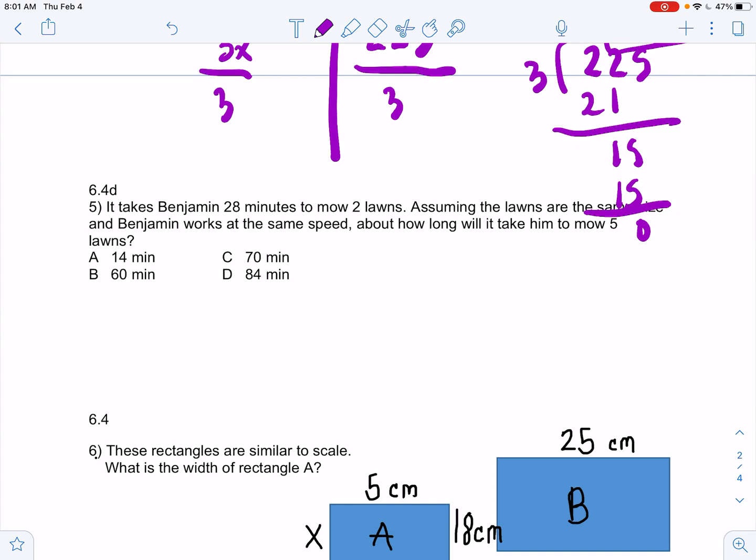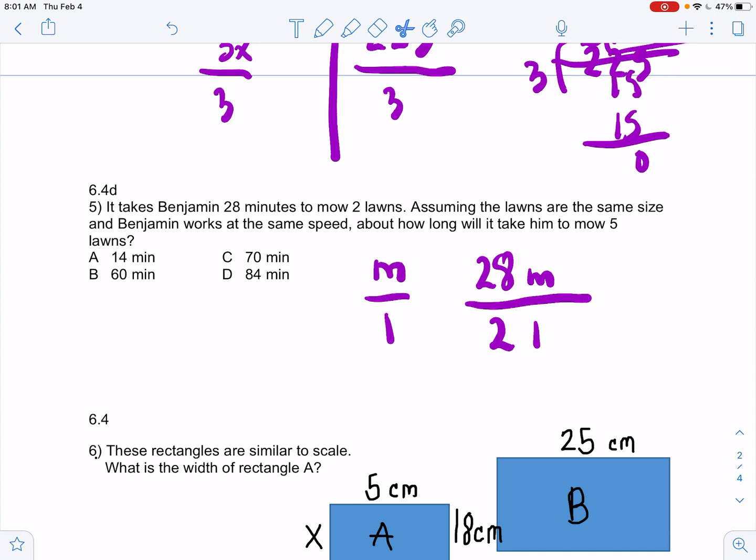It takes Benjamin 28 minutes to mow 2 lawns. Minutes to lawns. 28 minutes to 2 lawns. Assuming that the lawns are the same size and they work at the same speed, how long will it take him to mow 5 lawns?